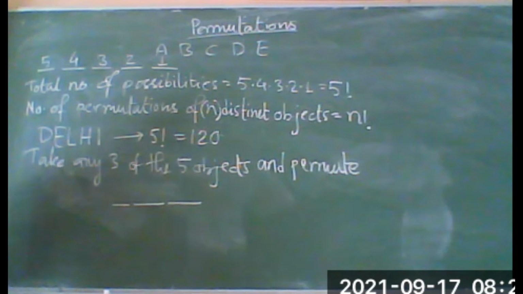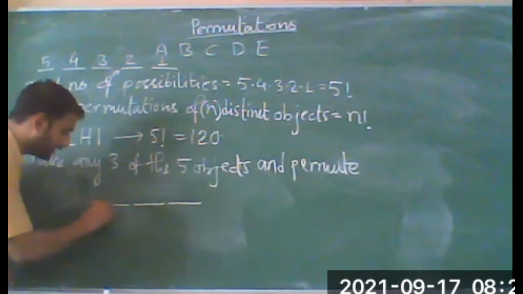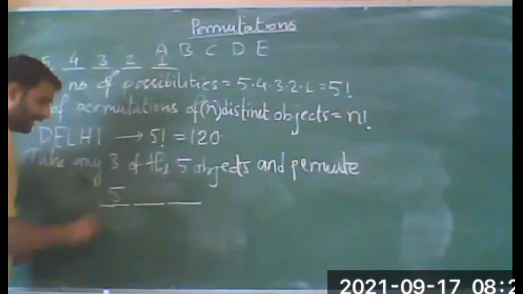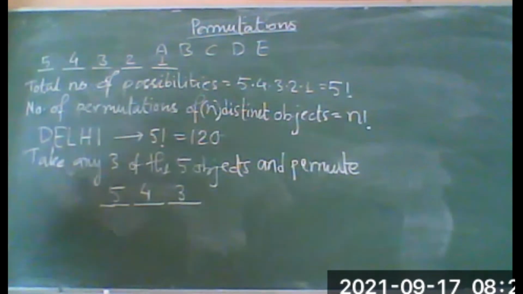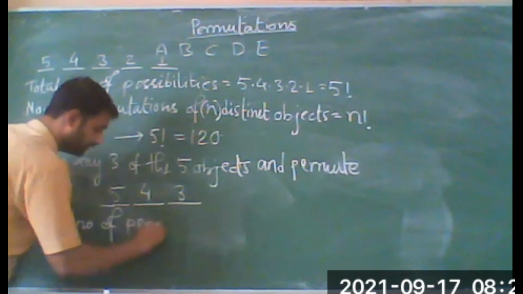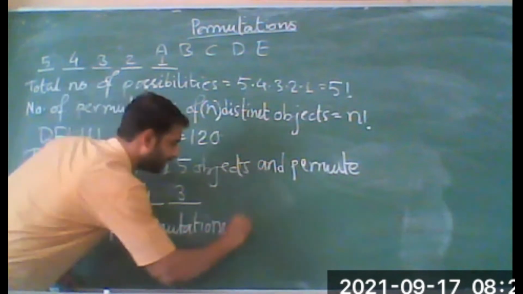We are having the 5 objects same, A, B, C, D, E, but the places are reduced now. We are having 3 places. So what is the number of possibility for the first position? It is same as 5. And for the second position, since we have put here one object, it should be 4, and here it is 3. So the total number of permutations here should be 5 into 4 into 3.